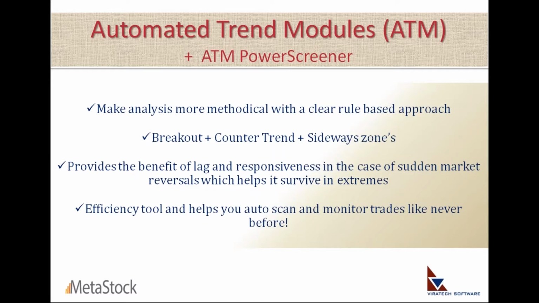Now, the third very important, and probably if you asked me the single most important reason I used the ATM and I built the ATM, was the fact that it can be adaptive. It kind of provides you that benefit of lag and responsiveness as and when you need it. Now, let me explain this to you a little better. So let's say, for example, you used a 10-period moving average on a particular equity chart or Forex, whatever you trade on.